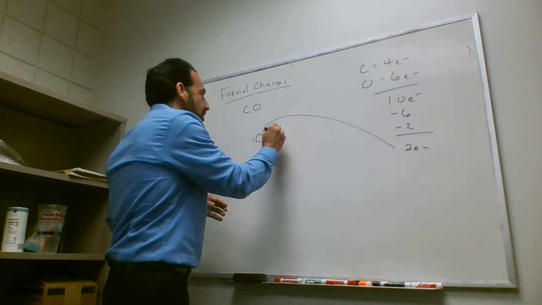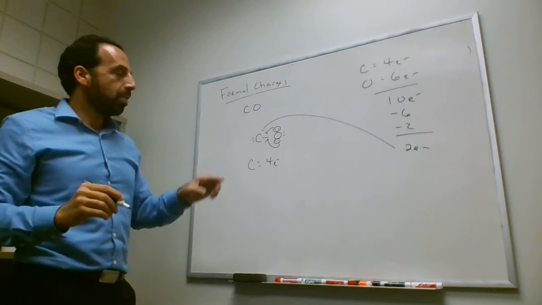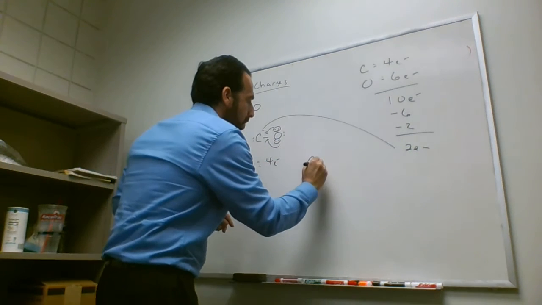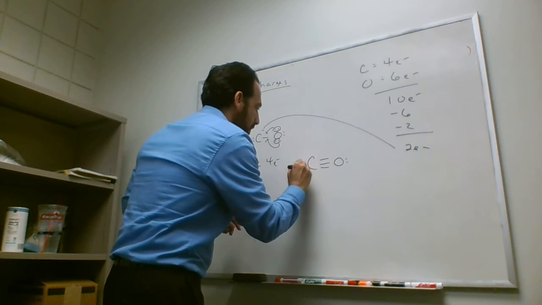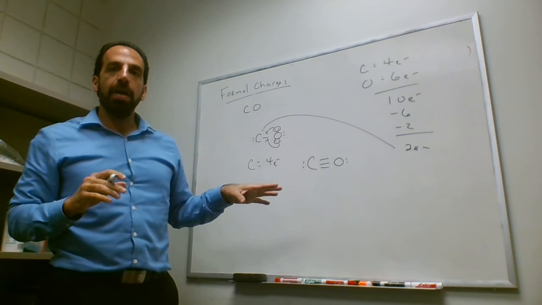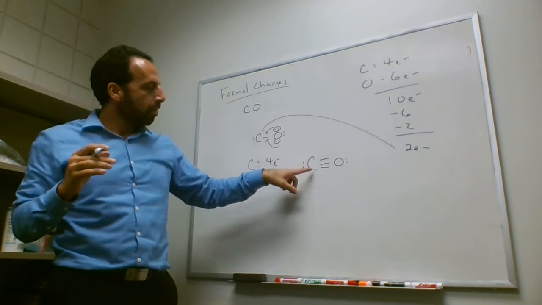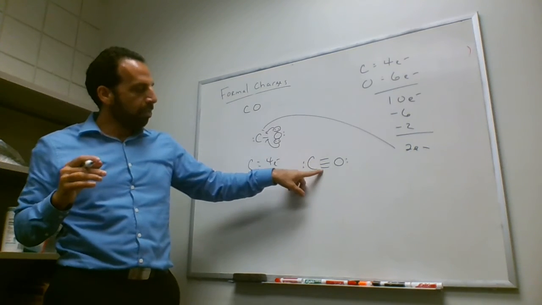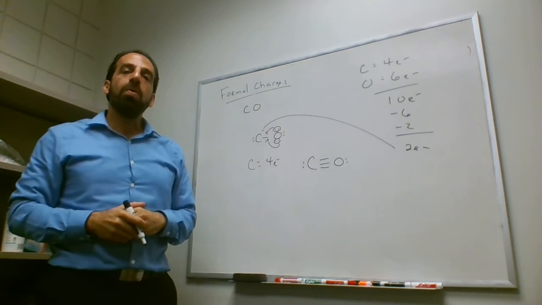I'm going to move these electrons here and these electrons right there. So I'm going to end up with something like this. This is actually the Lewis structure of carbon monoxide. Let's count the valence electrons on each one. Carbon is going to have 2 plus 3 bonds, that's 8 electrons, so that's satisfied. And then oxygen, of course, is going to have 8 as well.